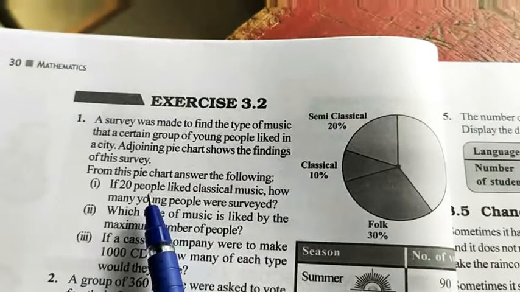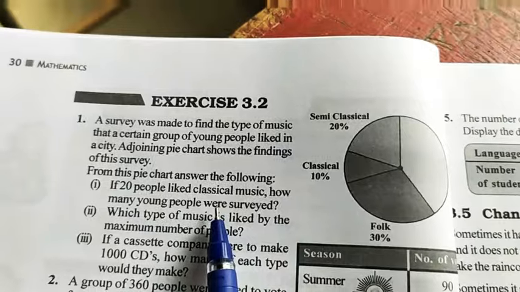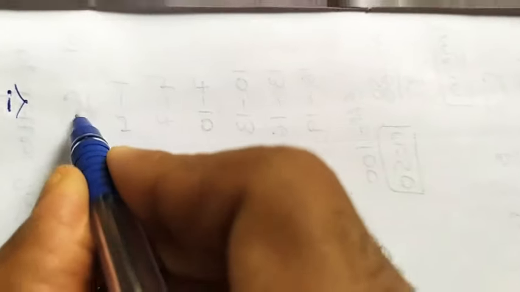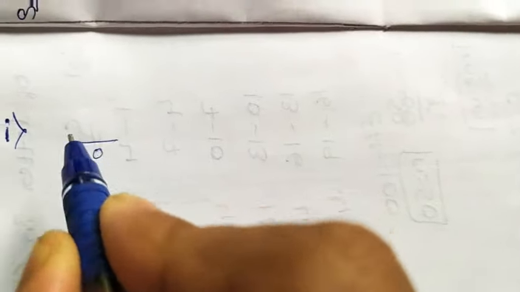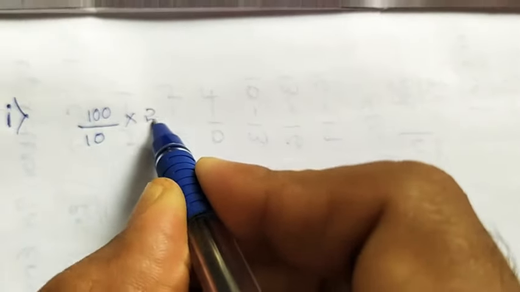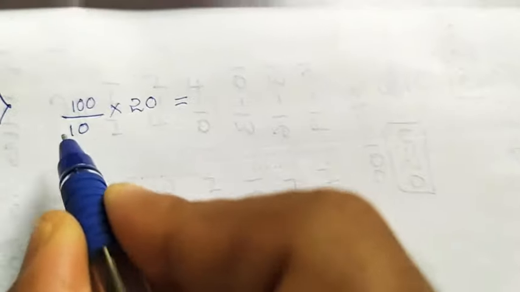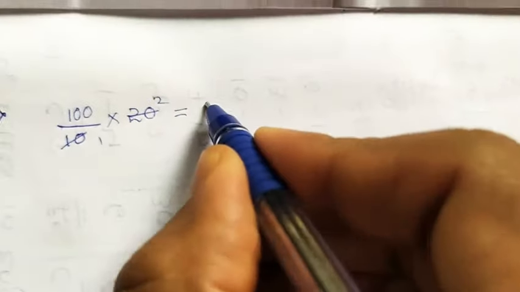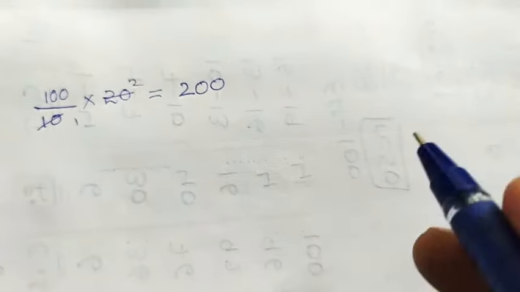Then if 20 are liking, then total numbers will be how much? If 10 people are liking, it means total 100 are there. So here 20 are liking, then it will be 10 ones are 10, 10 twos are 20, so 2 into 100. Here we will get 200 people were surveyed.